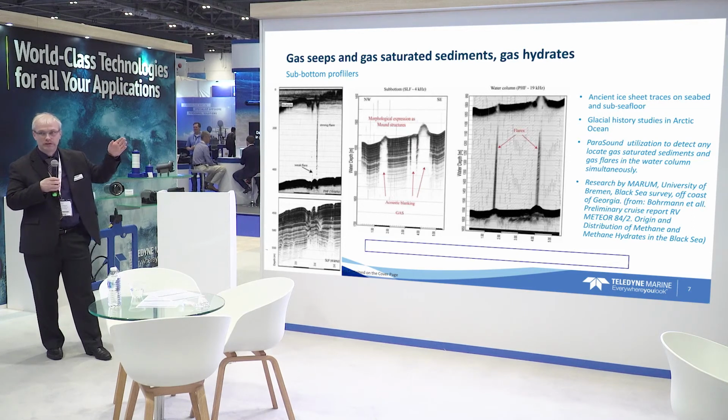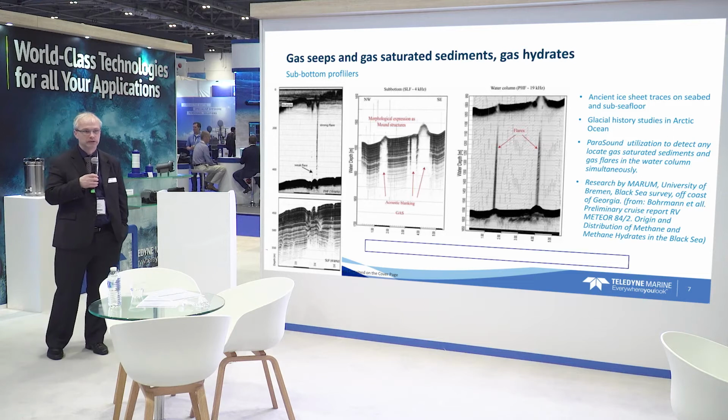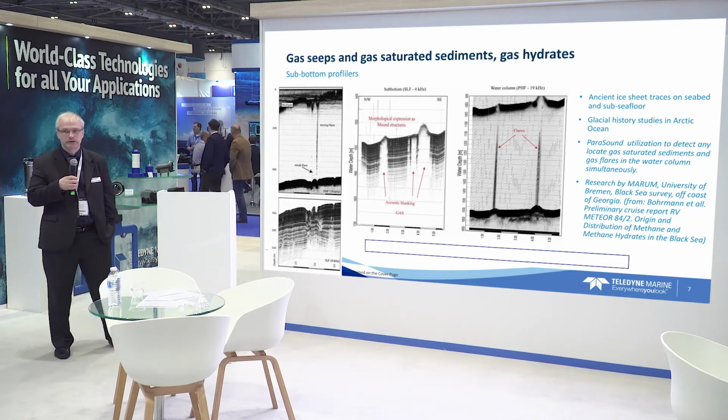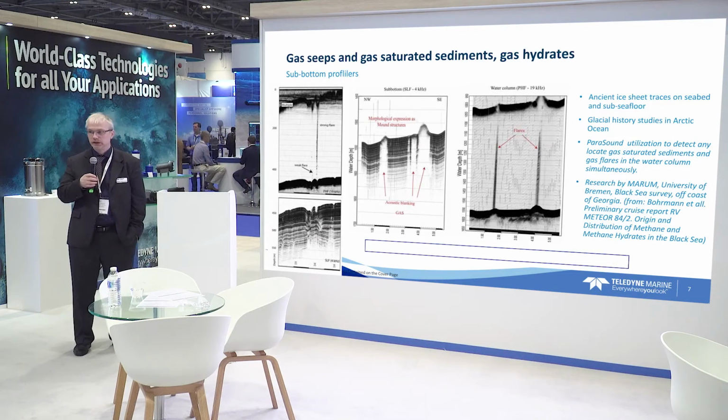So you have some proof of seeps of free gas in the water column, and you can also see the structure within the sediments that would indicate free gas, faults and other features which are linked and adjacent to these gas seeps.